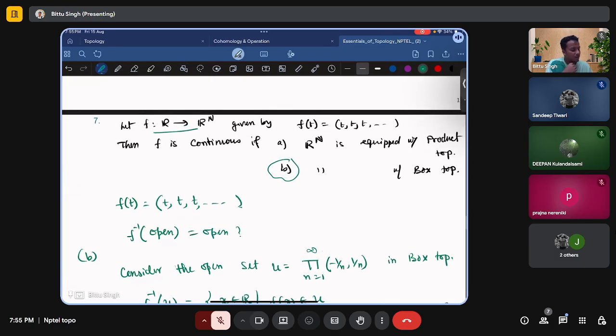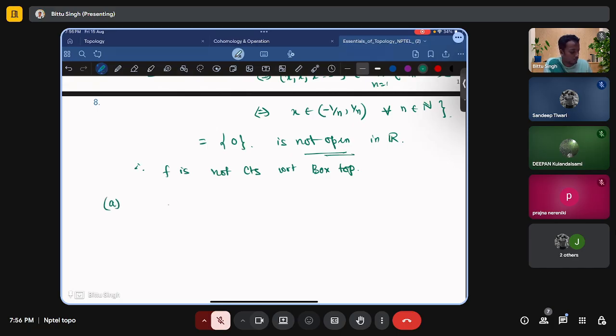But the interesting thing is that it will be continuous with respect to product topology. How can we check? We can check the continuity property in terms of a basis.